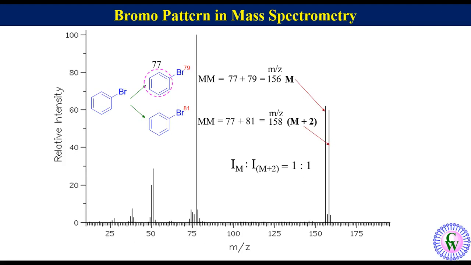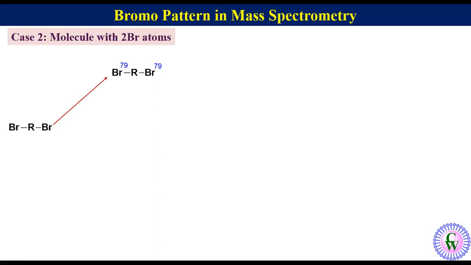with the intensity ratio of 1:1. Case 2, in which a molecule has two bromine atoms. Let's represent the molecule as RBr2. A molecule may have both Br79. It may have one Br79 and one Br81.